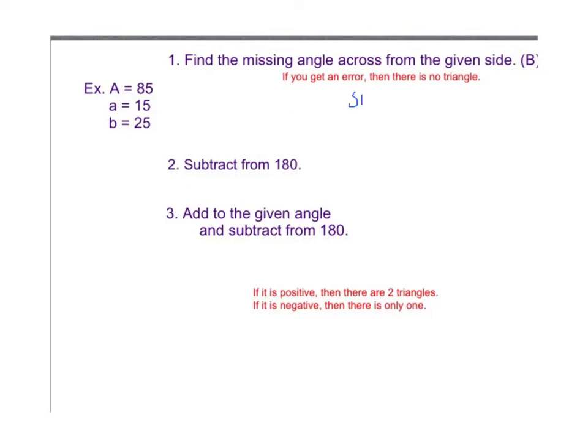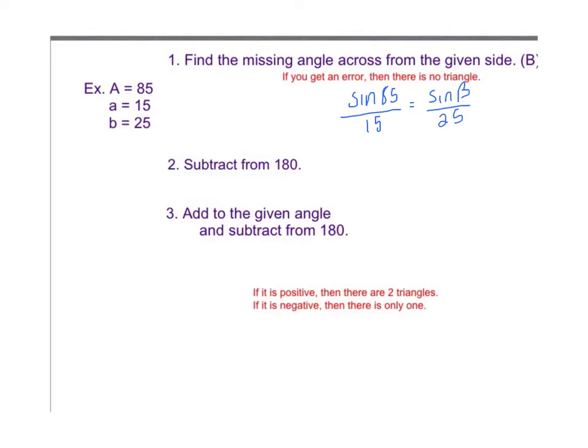So I'm going to write the sine of 85 degrees over 15 is equal to the sine of B over 25. Alright, so once again, we remember we're going to hit on our calculator 25 times the sine of 85, hit enter, divide that by 15.